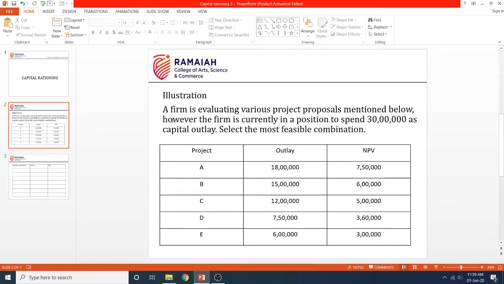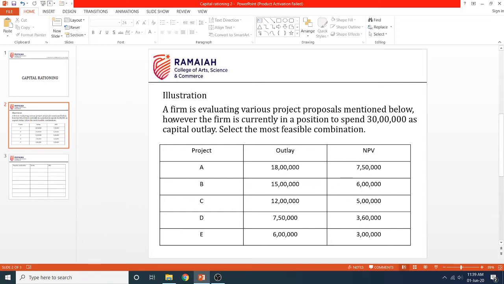What happens in this method is that you need to closely evaluate which possible combinations we can consider so that our NPV is highest in that combination. There are two things to this. First, you need to check the outlay.